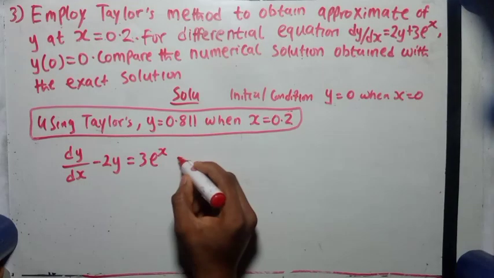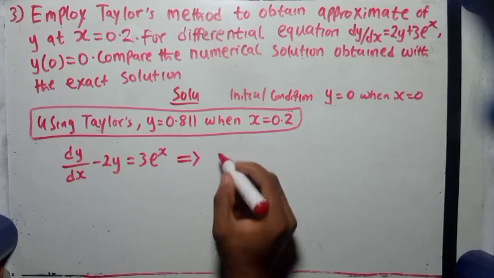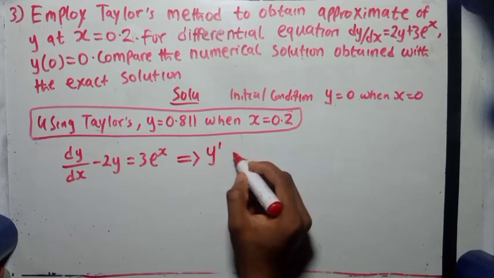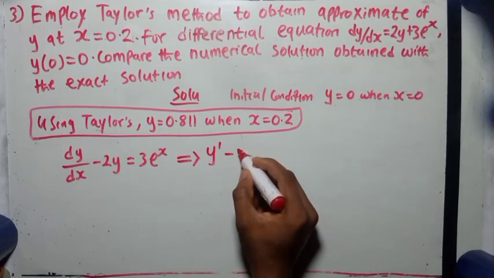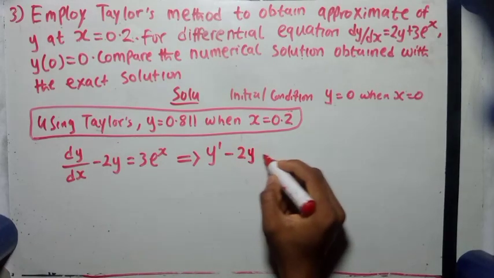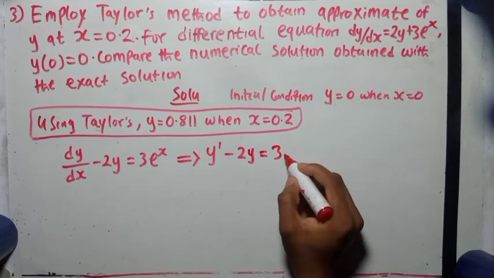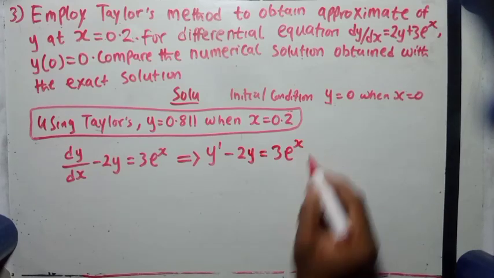Now, allow me to rewrite this as y prime minus 2y is equal to 3 exponential x.